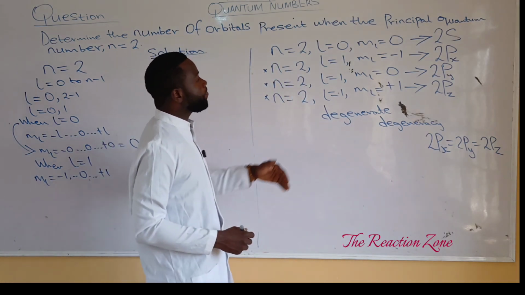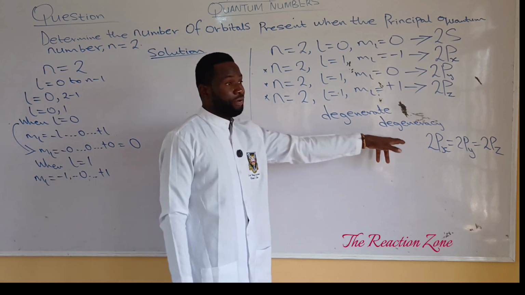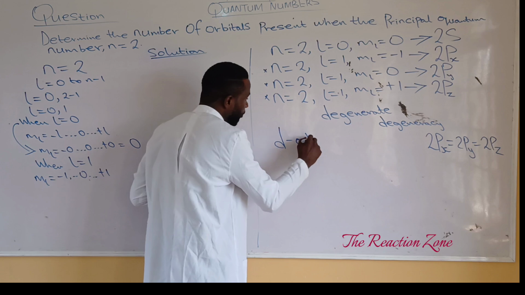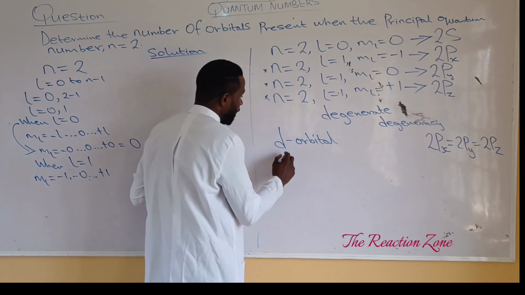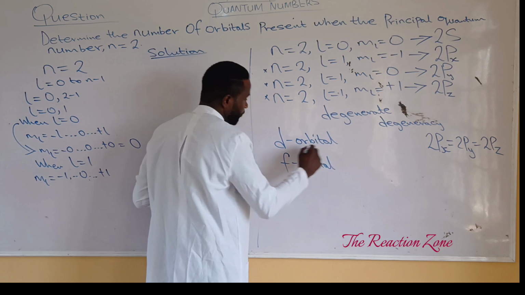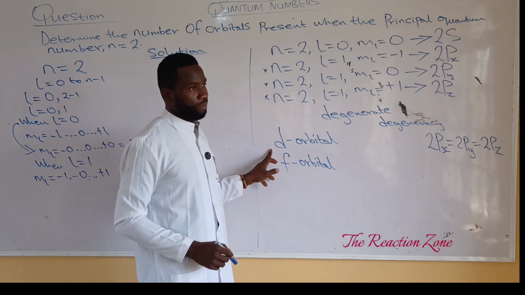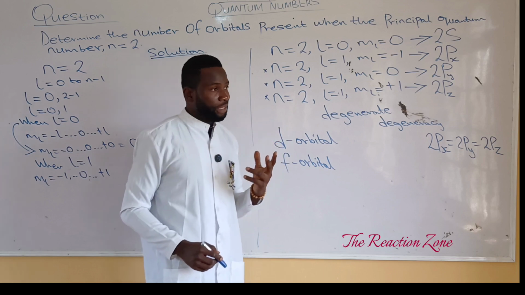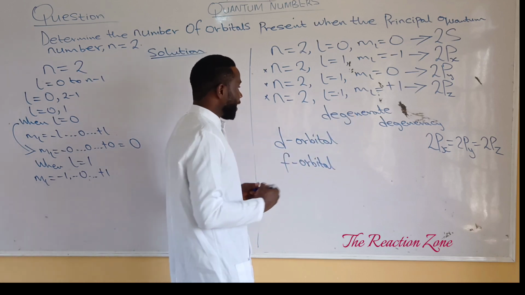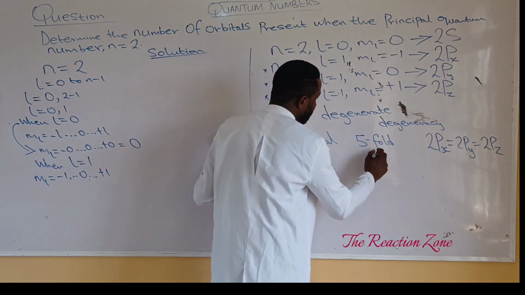It is not only the p orbital that exhibits degeneracy. The d orbital also exhibits degeneracy, as well as the f orbital. In the d subshell, there are 5 orbitals that exhibit degeneracy. What this means is that the d orbital is 5-fold degenerate.